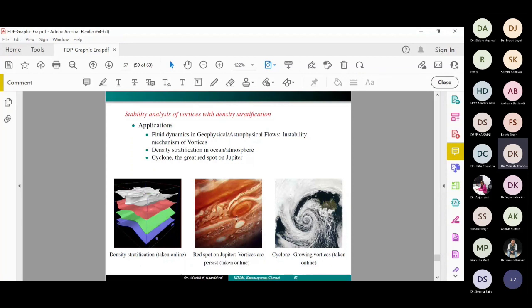If the pressure is inside the vortex, that is an anticyclone and does not create problems. When the pressure is outside the vortex, it creates cyclone-type structures, and it creates cyclones in the oceans. So how to develop the stability analysis for a vortex? The objective is to identify how much strength is required to distort a vortex of a particular length or measurement.